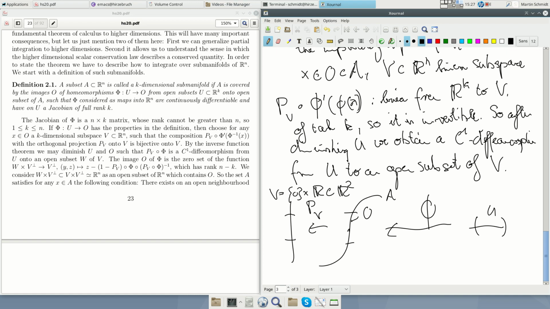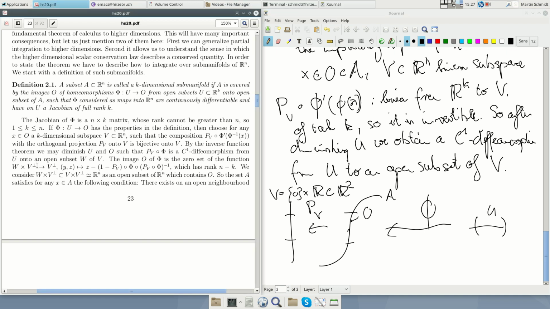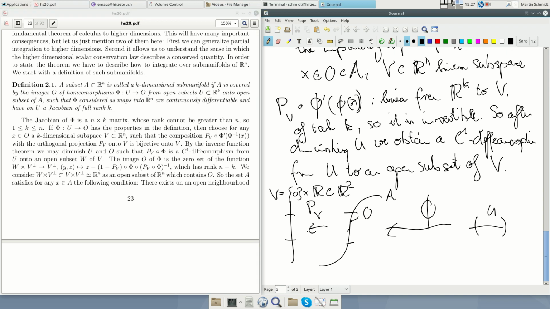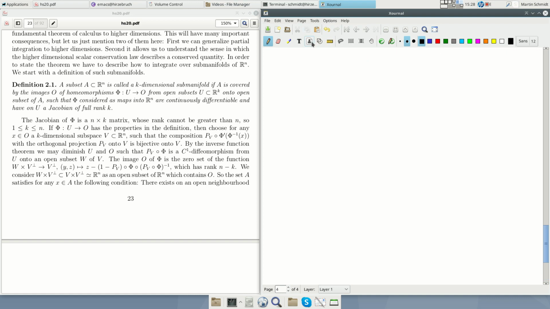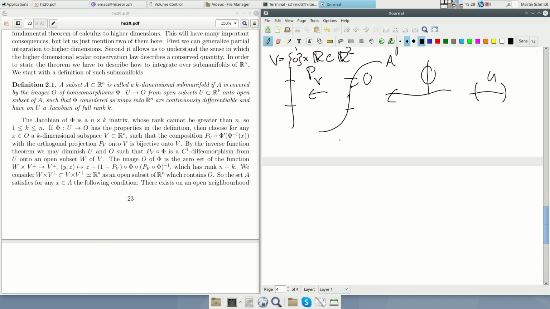Okay, and now the composition P_V composed with phi is a diffeomorphism. Do you all know what a diffeomorphism is?